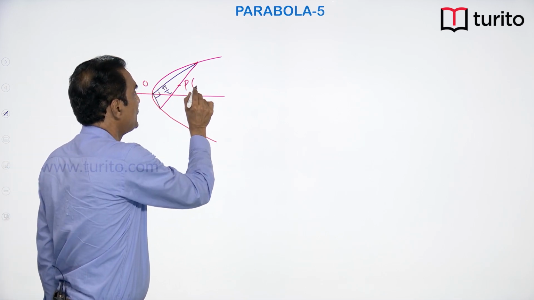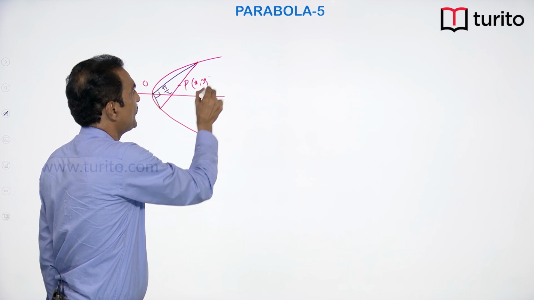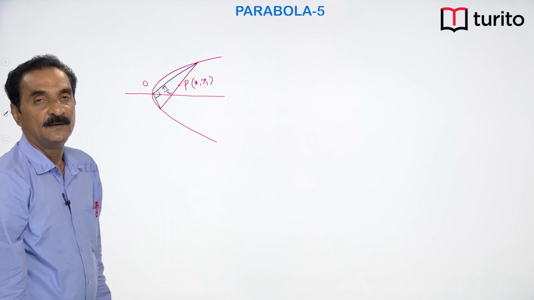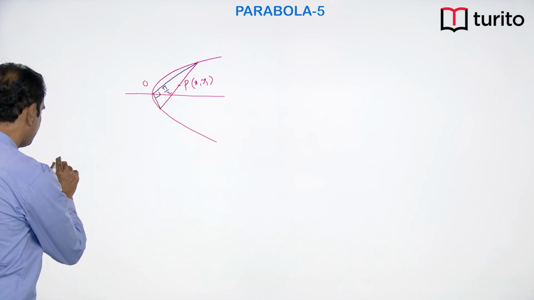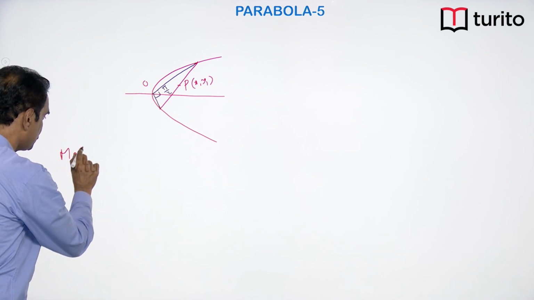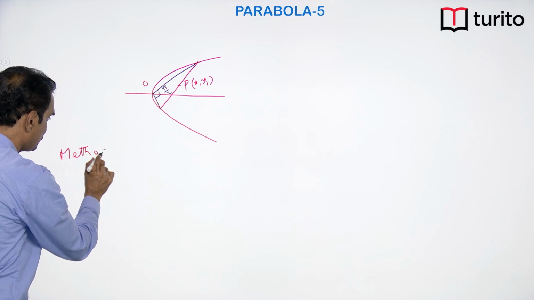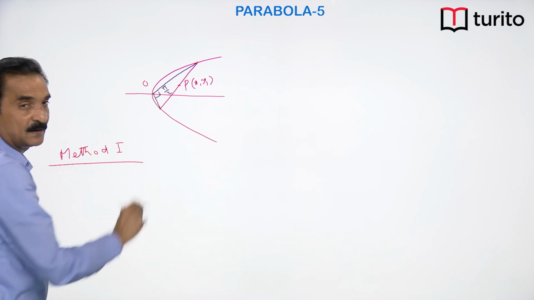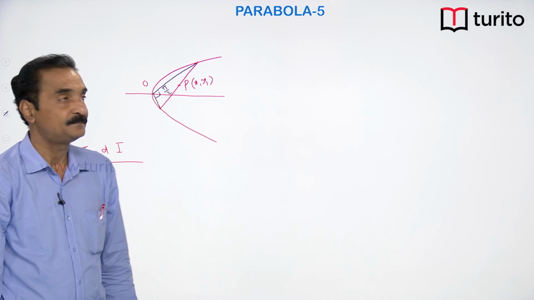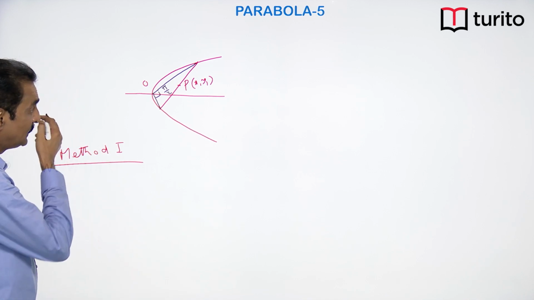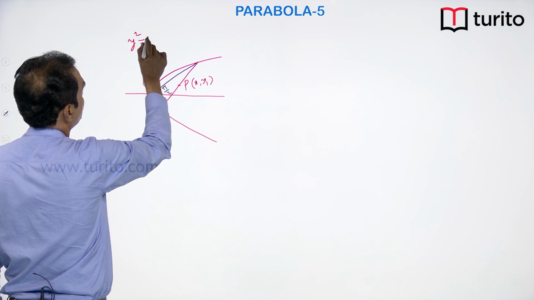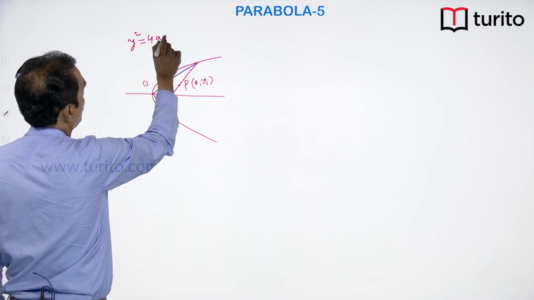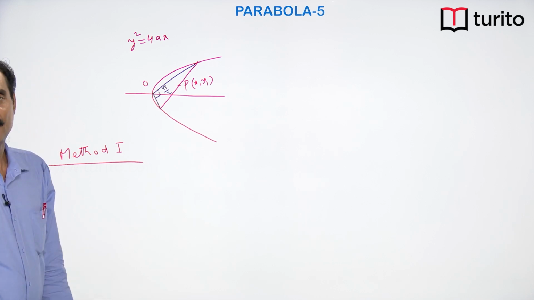Let P x1 y1 be the midpoint of the chord. We can solve it in two methods. Method 1. The equation of the parabola is y square is equal to 4ax. What is the equation of the chord?